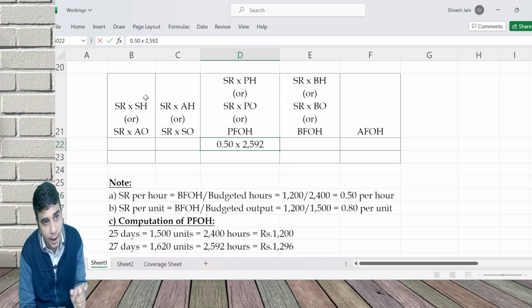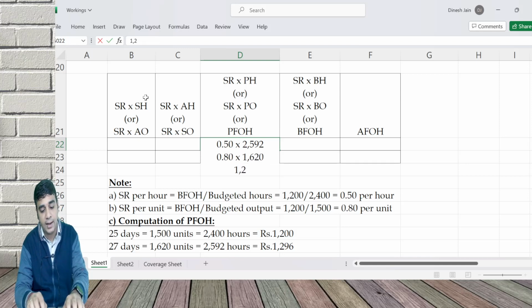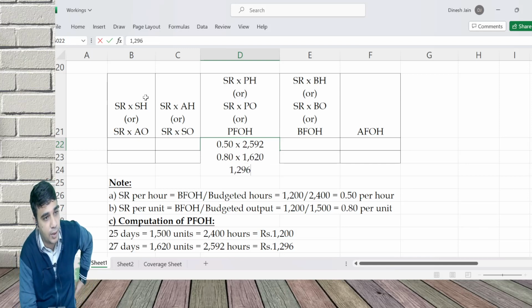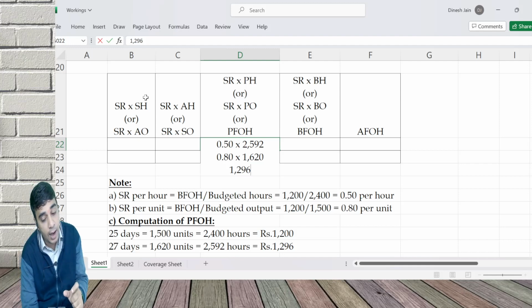It is 0.5 per hour into 2592, what you calculated, or you can say 0.8 per unit into 1620 units, or directly 1296. I'm going to directly write 1296. Or 0.8 into 1620, how much you get?